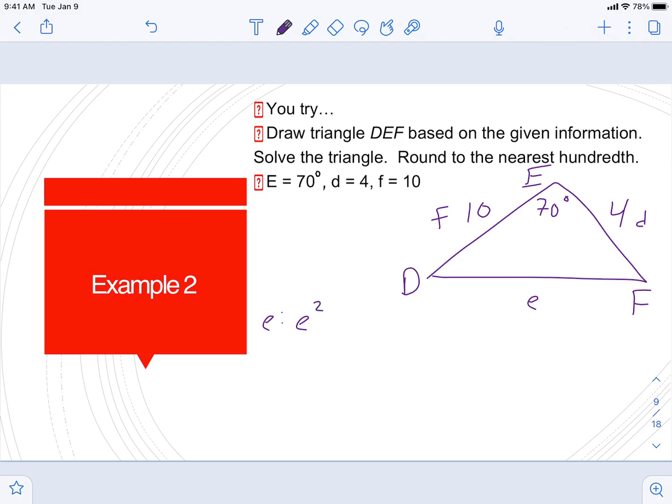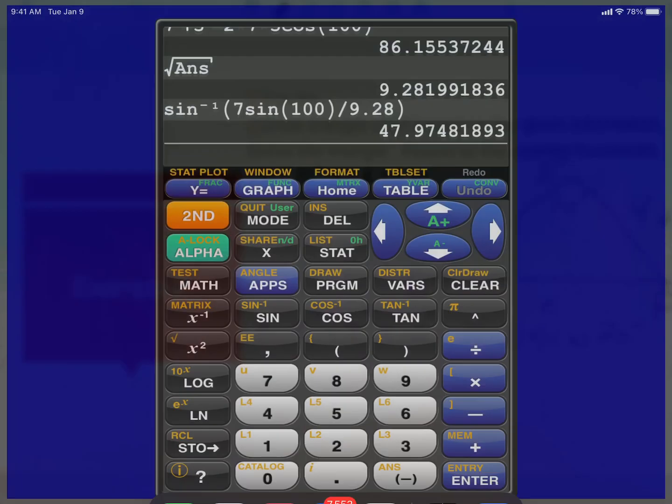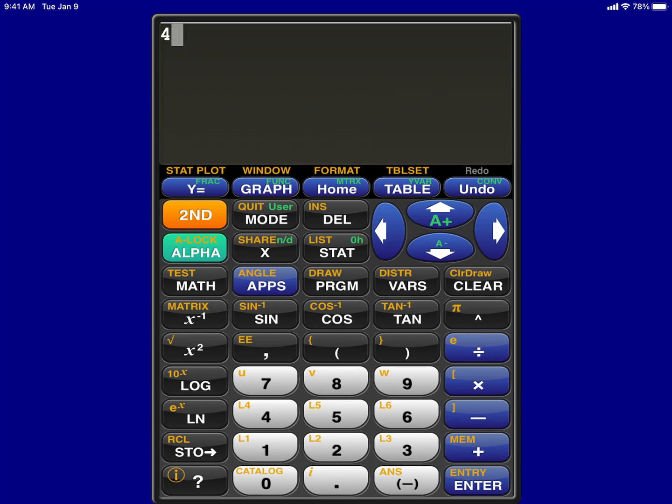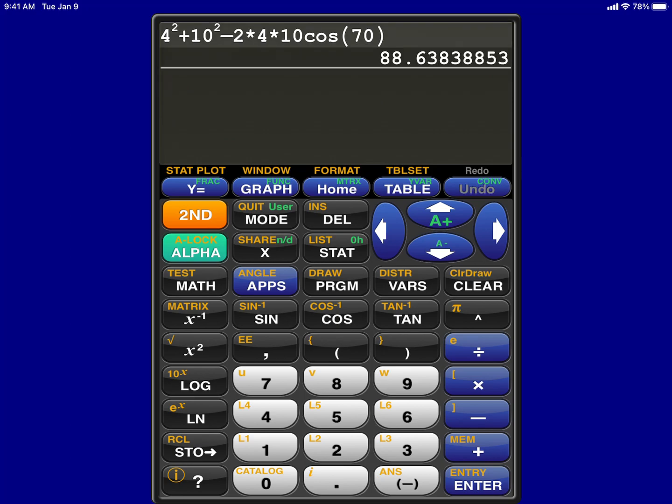So that's going to be E squared is equal to the other 2 sides, so 4 squared plus 10 squared minus 2 times 4 times 10 times the cosine of 70. So let's plug that into the calculator. 4 squared plus 10 squared minus 2 times 4 times 10 cosine of 70, and we get 88.64.